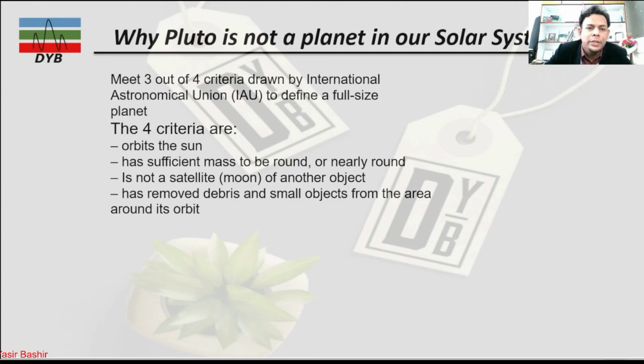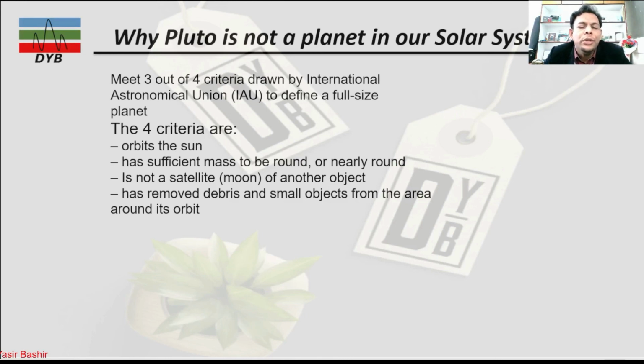So the first criterion is that it is in orbit around the Sun, and it has sufficient mass to be rounded or nearly rounded. The third criterion is that it is not a satellite or moon of any other object. A moon cannot be considered a planet because it is a satellite.